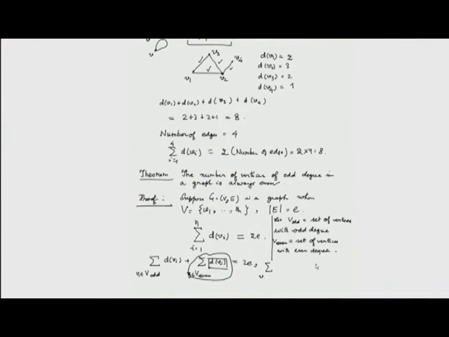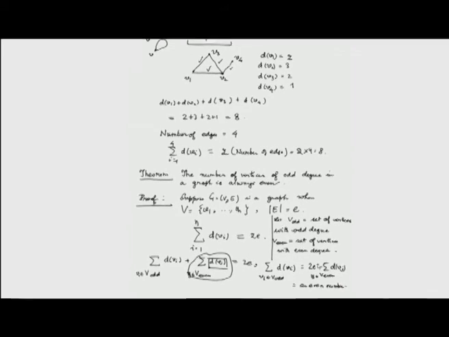Therefore, we will have sigma Vi belongs to V odd d of Vi equal to twice E minus sigma V even d of Vj, Vj belongs to V even. This is equal to an even number.